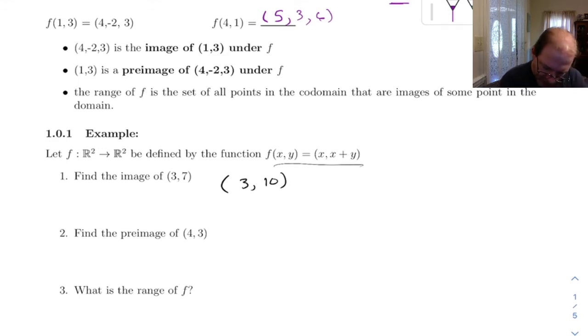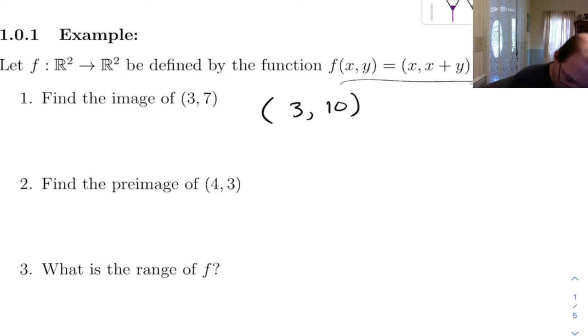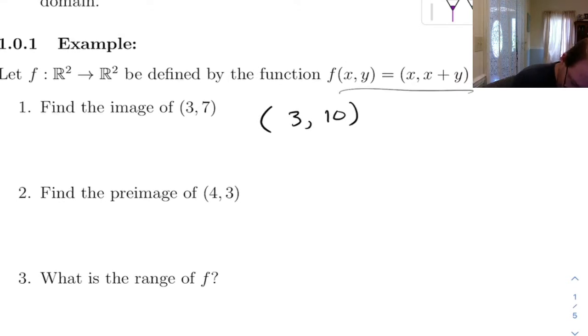Okay, now find the preimage of 4, 3. Let me write this out a little better. So find the preimage of 4, 3. That means that f of x, y is equal to 4, 3.